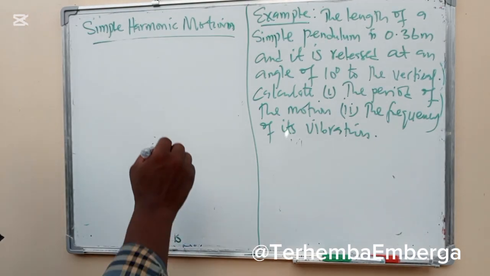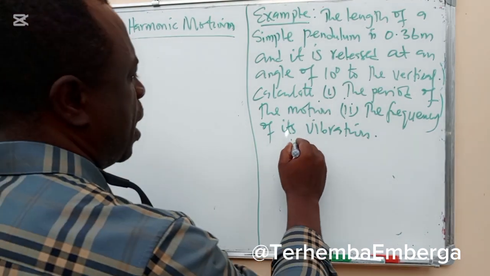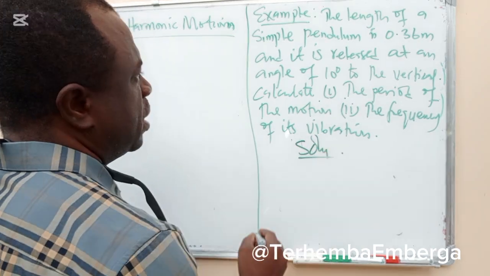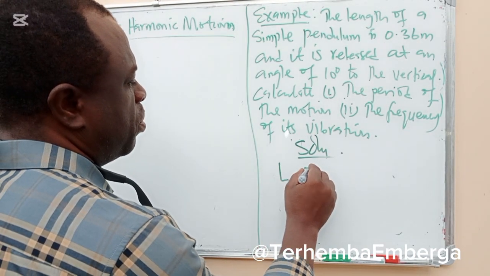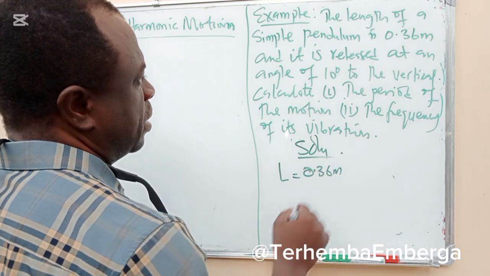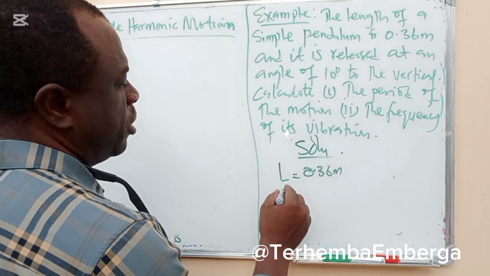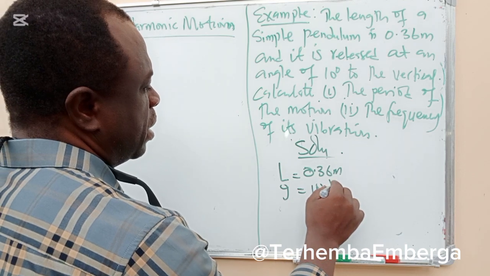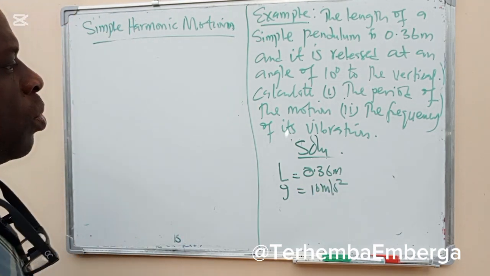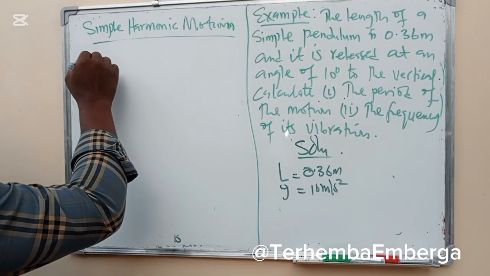So looking at this, we can say that the length is given as 0.36 meters. And remember, g is a constant and is taken as 10 meters per second squared.